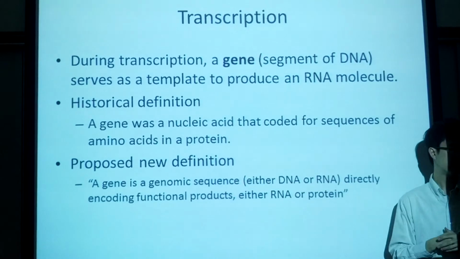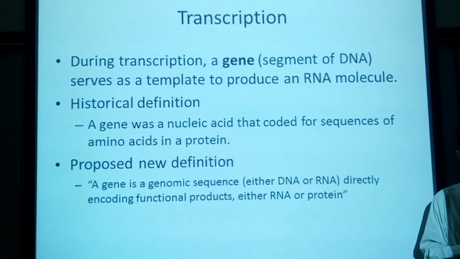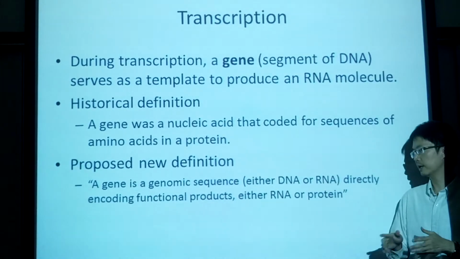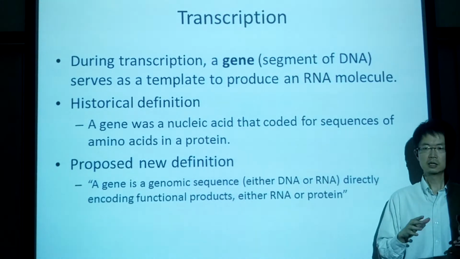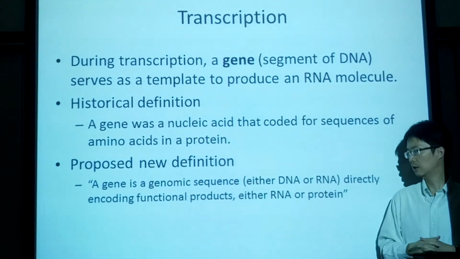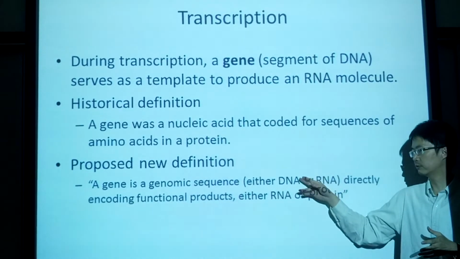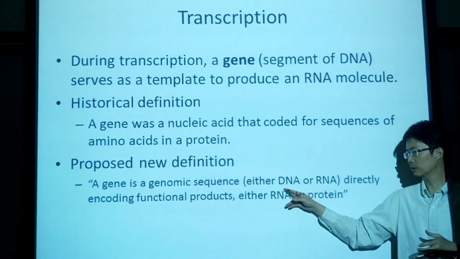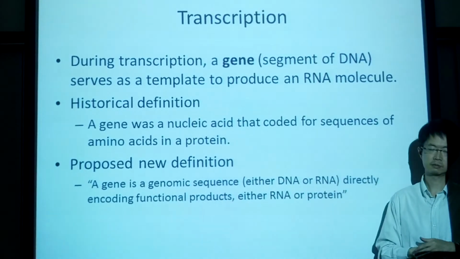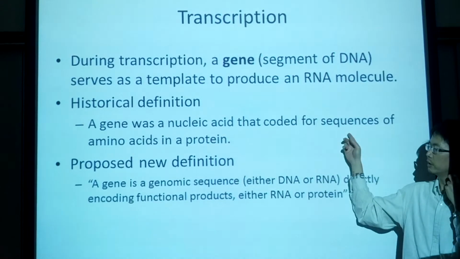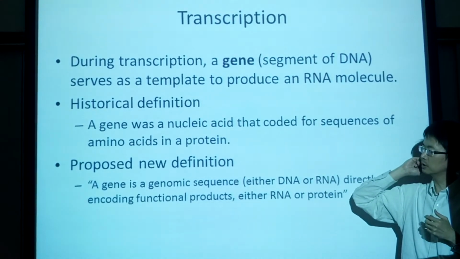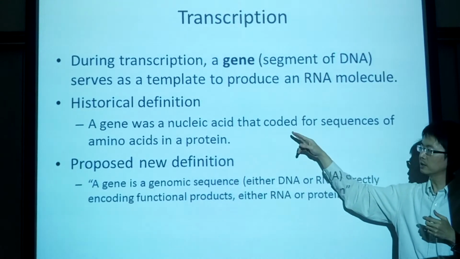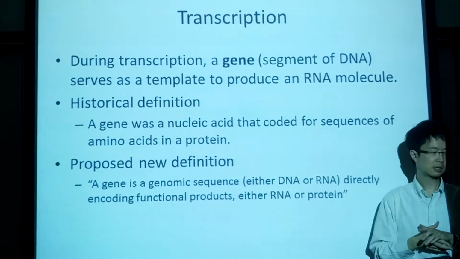So the new definition basically includes RNA. They are more specific, or they include both DNA and RNA, and the product is both RNA and protein. But for the historical definition, it basically just goes from DNA into protein. That's basically it.